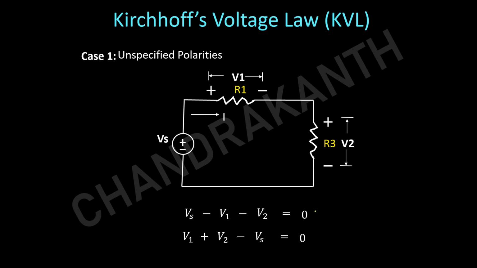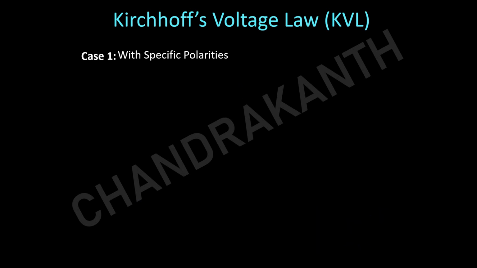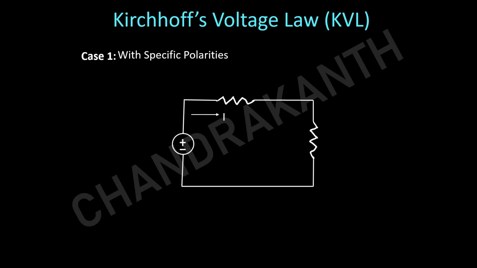You can see here, if you send this V1 minus V2 that side, you will get Vs equal to V1 plus V2, and similarly if you send this Vs that side, you will get V1 plus V2 equal to Vs, right? So the equation remains the same. That's your comfort.